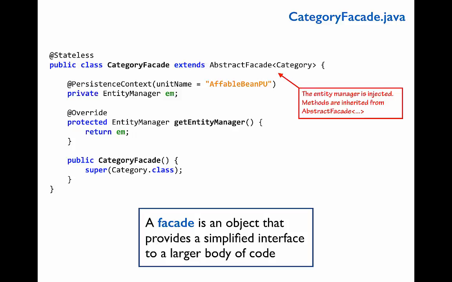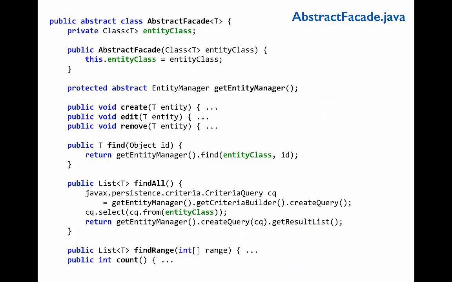So let's take a look at the abstract facade. The type parameter passed into this class determines the entity class. For example, the category facade will have Category as its entity class. The create, edit, and remove methods correspond to the create, update, and delete database operations.